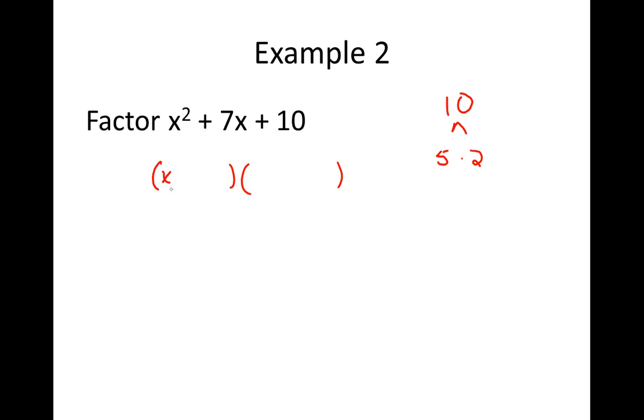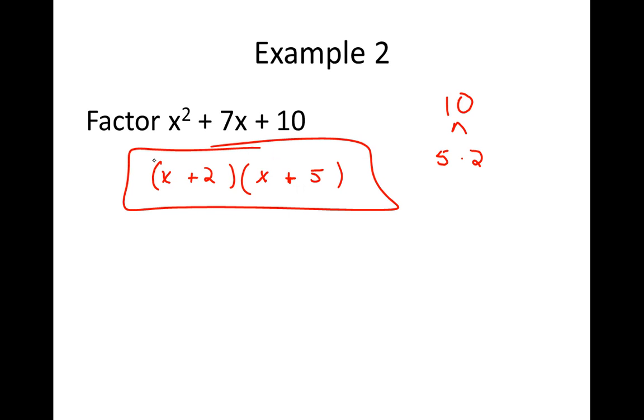We get x plus 2 and x plus 5. And these can be written the other way. We could say x plus 5 times x plus 2 is also okay. So x plus 5 times x plus 2 is just as good. Both okay.